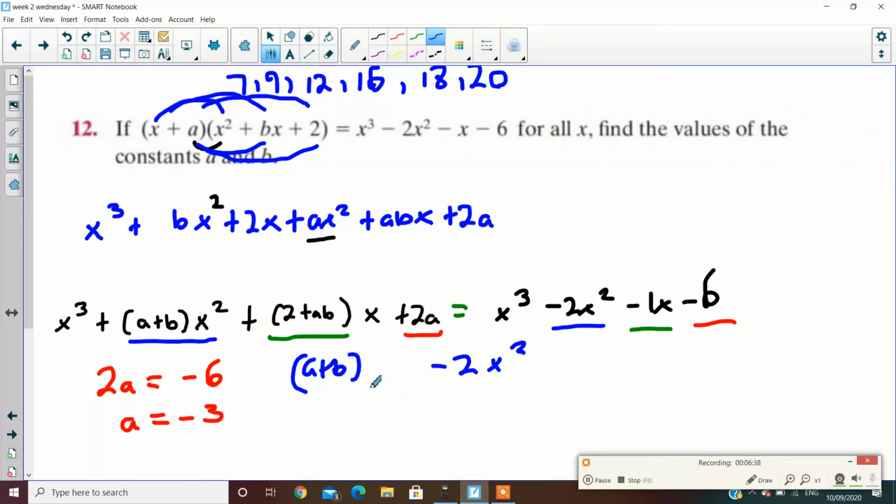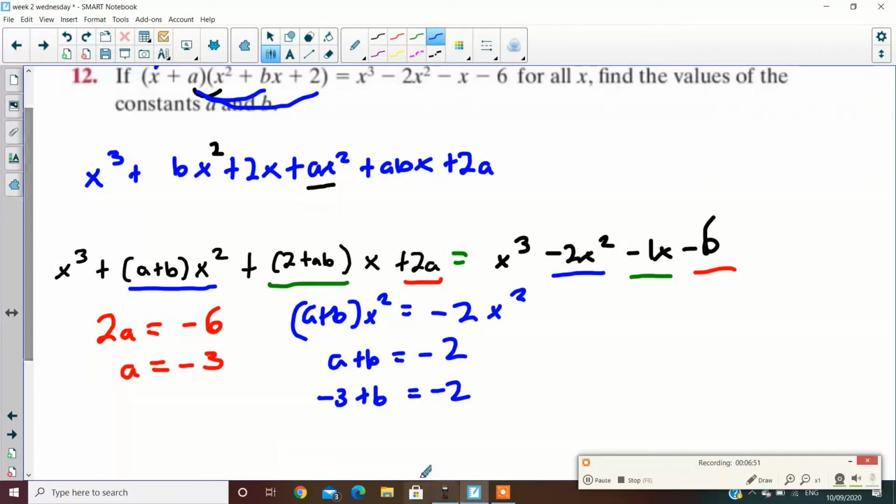You can choose green as well, you'll get the same answer. Get rid of the x squareds. A plus b equals minus 2. A equals minus 3 though. This implies b must be equal to 1.